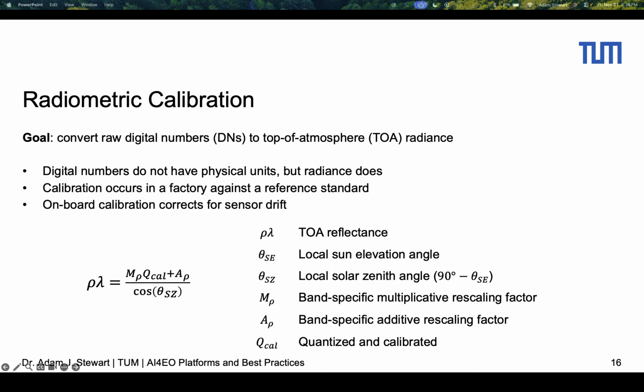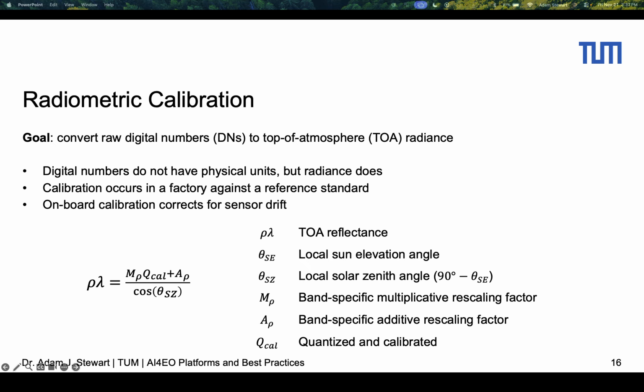Your goal is to have the amount of light radiated by the Earth, specifically at the top of the atmosphere. There are other distortions and things that happen in the atmosphere. Our goal right now is just to get physical units for how much light is hitting the satellite, not how many photons are hitting the satellite. This depends on a few things, such as the angle of the sun and the angle of the satellite, but this is how this is calibrated.